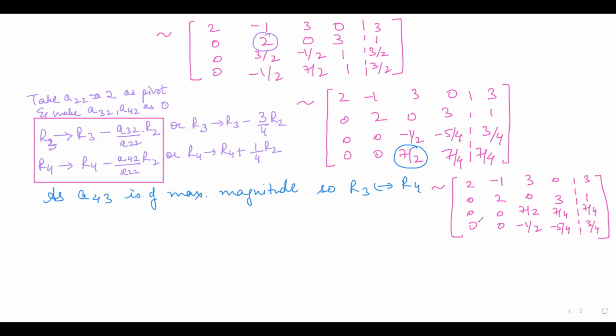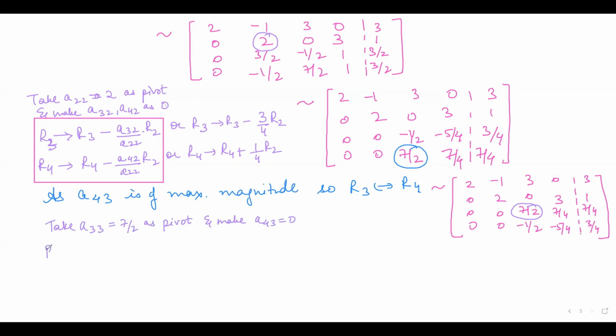Now, when we have interchanged the rows, you will be considering this as the pivot element. Take A33, which is 7 by 2, as the pivot, and make A43 0. You have to make that 0.